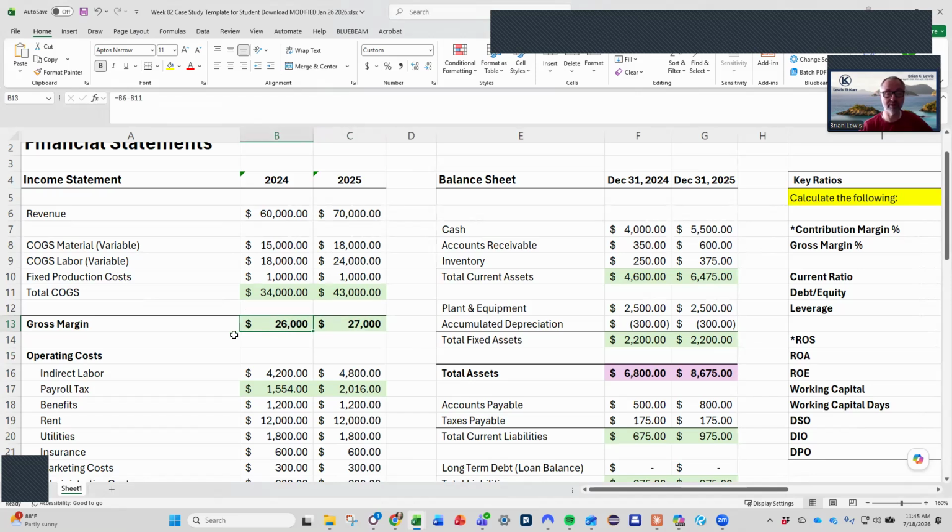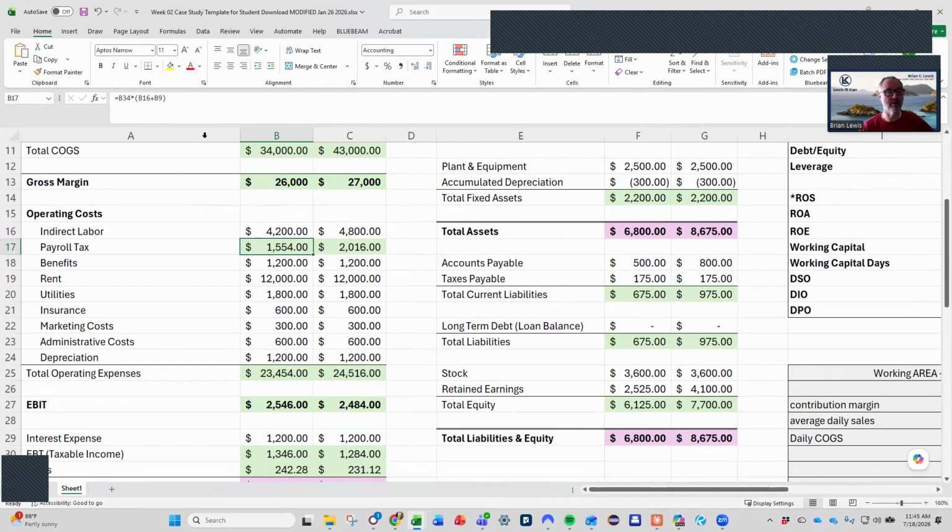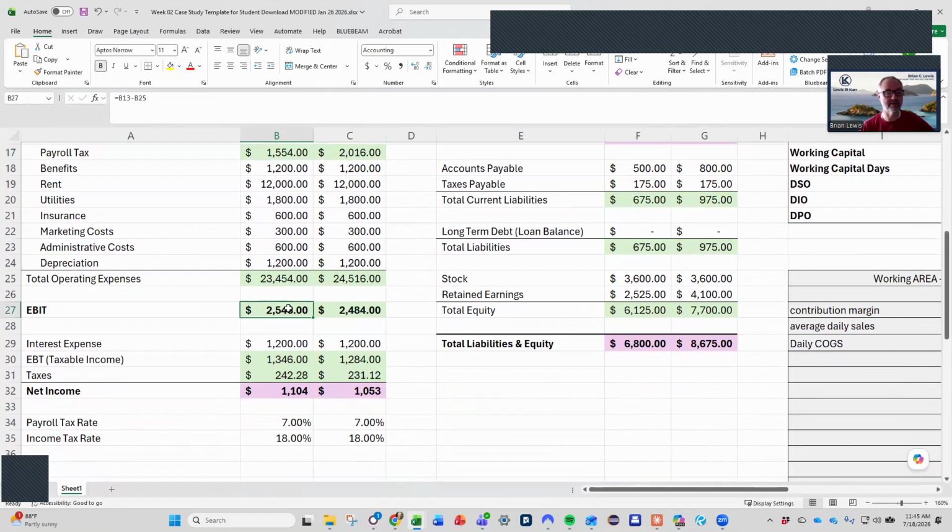So if you've been struggling with how to calculate gross margin, you might find it here, right? Total cost of goods is included in here. Your labor, wow, it even has a formula for how it calculates payroll tax. And it has it in here for EBIT, and for EBT, and even the tax calculation.